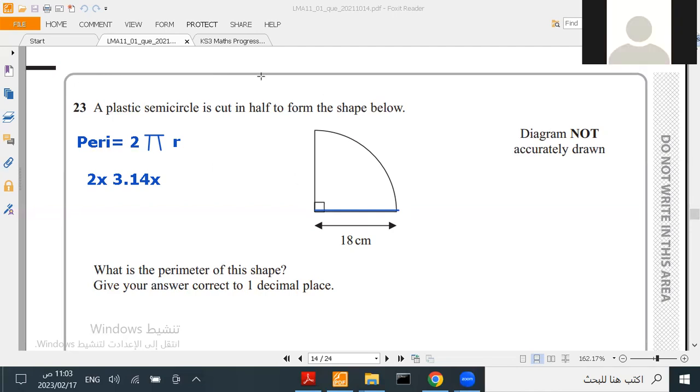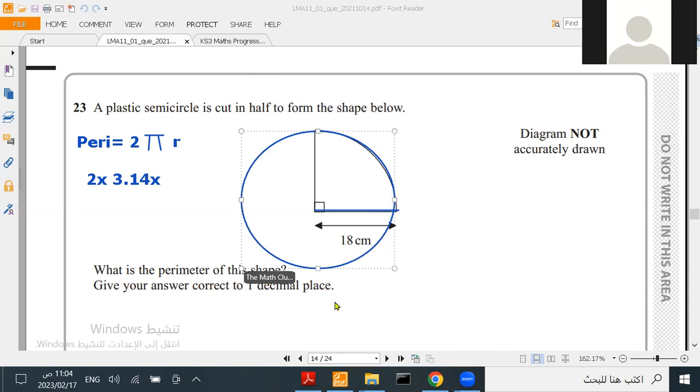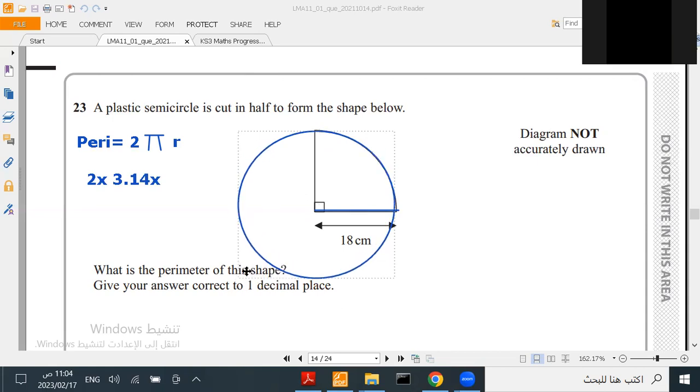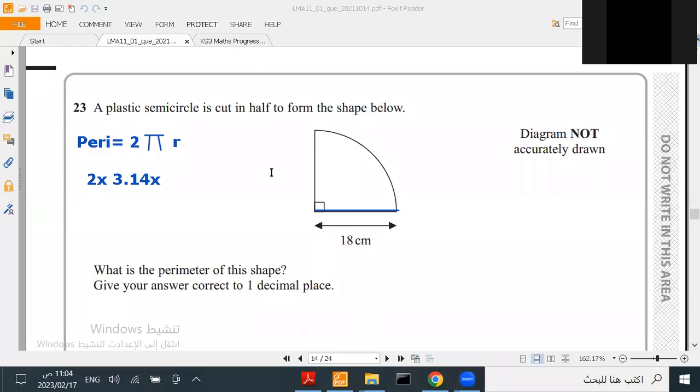If you're talking about the whole circle, this isn't the diameter. So 18 is the radius. Don't mix them up.